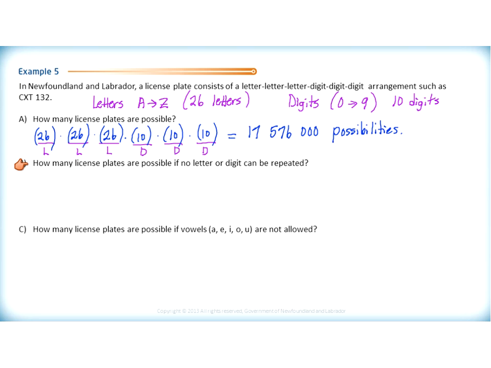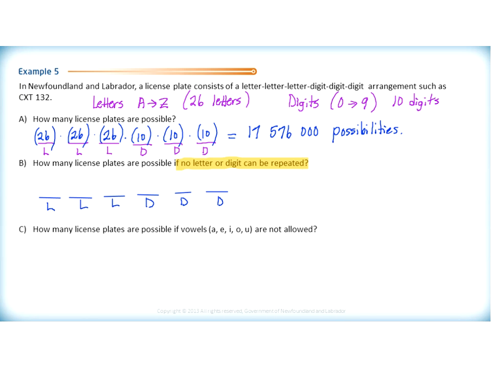In part B, it says how many license plates are possible if no letter or digit can be repeated. So notice now that we have a condition that must be met. No letter or digit can be repeated. You have to read the questions carefully. In this case, we select the 3 letters and 3 digits to make up the license plate number: letter, letter, letter, digit, digit, digit.